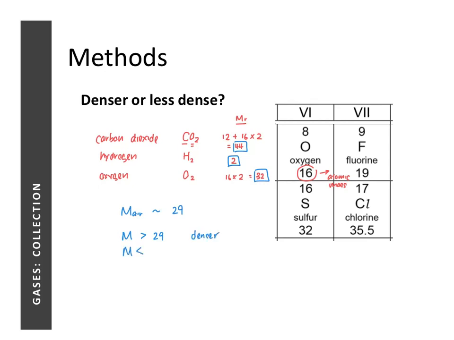If the mass is less than 29, then the gas is less dense than air. So there's no need for you to memorize whether a gas is denser or less dense than air. What you can do is to compute the molecular mass, by summing up all the atomic masses and then comparing it to the mass of air, which is 29.